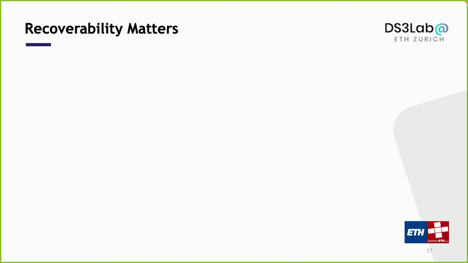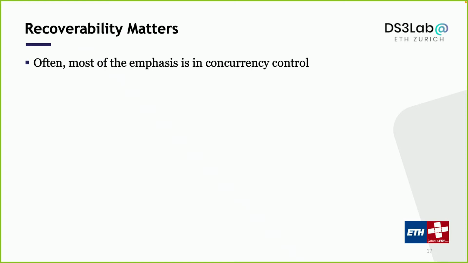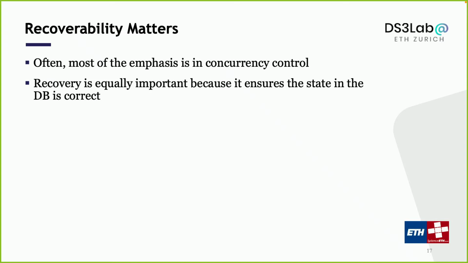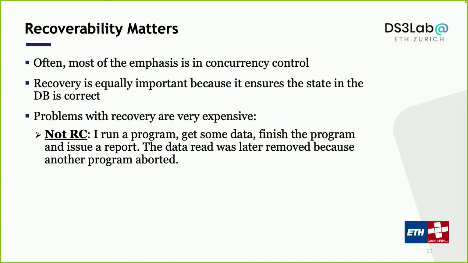So recoverability actually matters. If you talk to people about concurrency control, most of the time the immediate reaction is that you are talking about isolation. But recoverability is equally important, because it ensures the state in the database is correct. The problem without recoverability could be very expensive. If something is not recoverable, you have to abort a committed transaction, which is very weird.